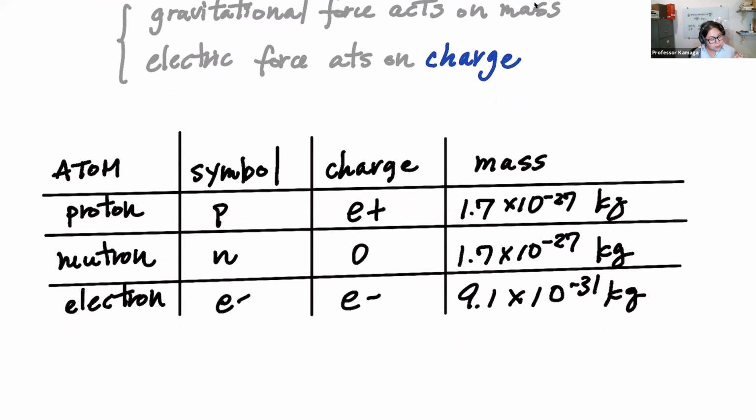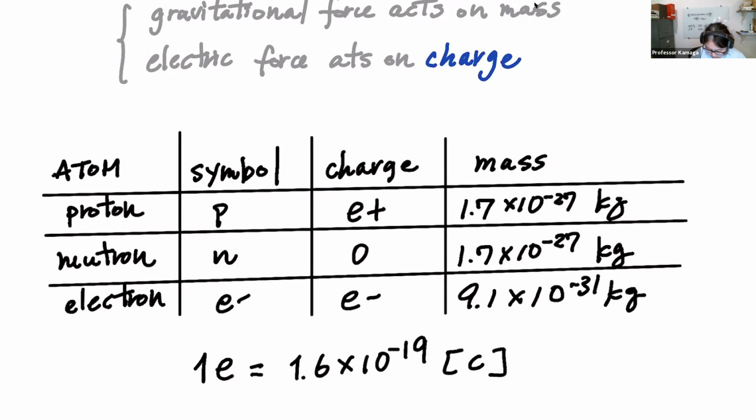Here you see that one electron or one proton, which is the smallest electric charge you can have, 1e, is 1.6 times 10 to the minus 19 Coulomb.